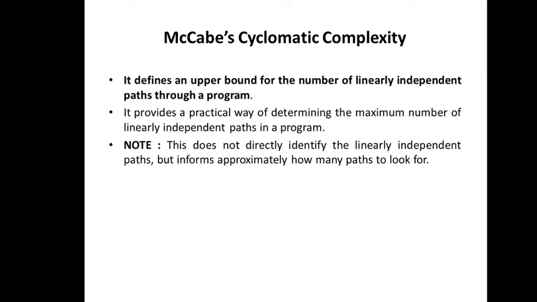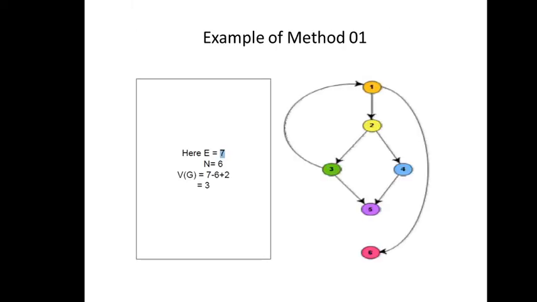So if somebody tells you that in this graph, maybe 6 nodes, maybe 10 nodes, maybe hundreds or thousands of nodes, there are 3 linear independent paths, by hit and trial method we can identify those 3.